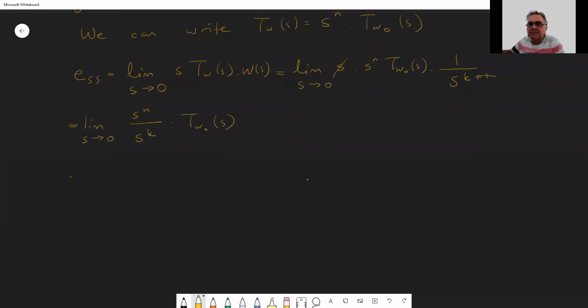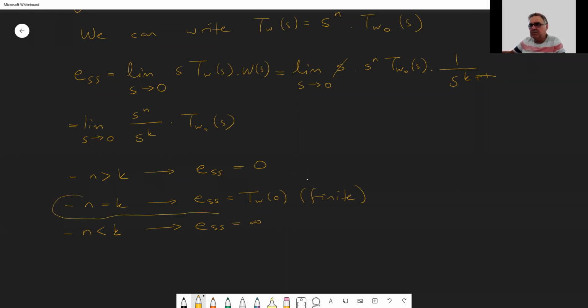So the cases are: if N is greater than K, the steady state error is 0. If N is equal to K, the steady state error will be TW of 0, which is finite. And this gives us the system type for the disturbance. If N is less than K, the steady state error would be infinite.